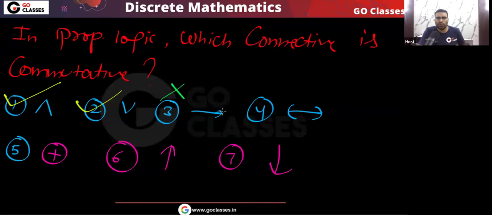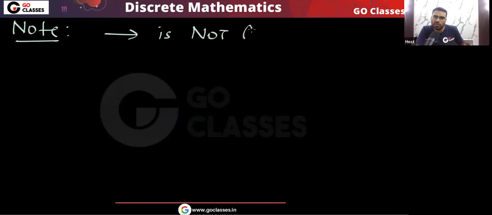In the last lecture, we already saw that P implies Q and Q implies P are not the same. Biconditional is commutative, XOR is commutative, NAND is commutative, NOR is commutative. You can easily prove anything. For example, what about implication? Implication is not commutative, right? Yes or no?